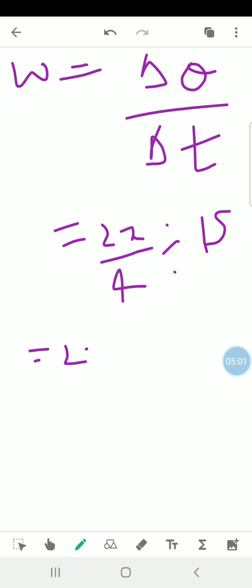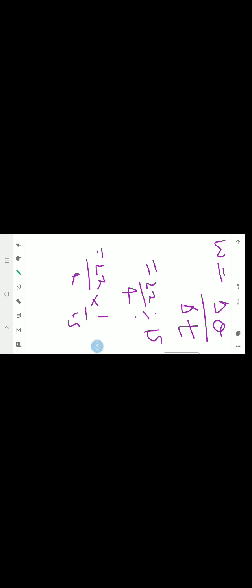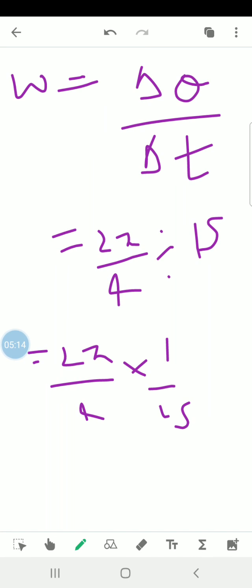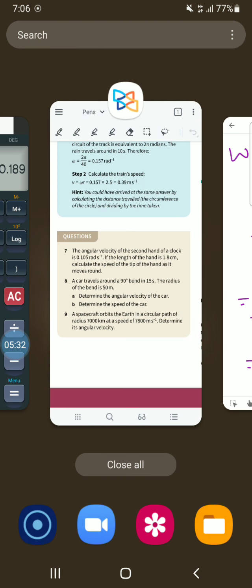Then you get 2 pi over 4 multiplied by 1 over 15, so you get 2 pi over 60. 2 pi over 60 is the answer. Then how much is 2 pi over 60? Did you do the calculation?